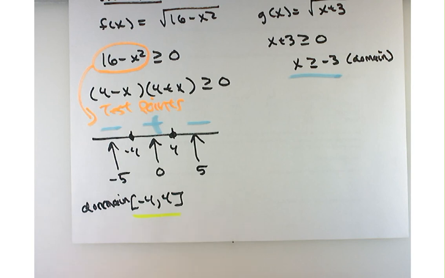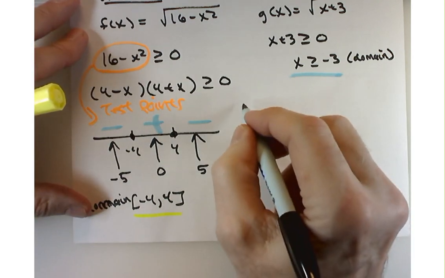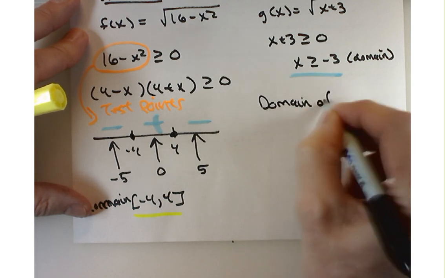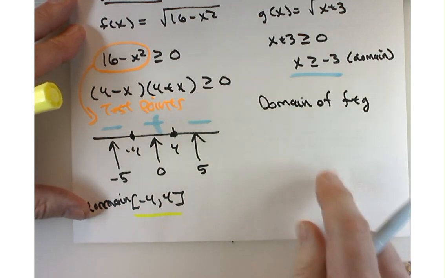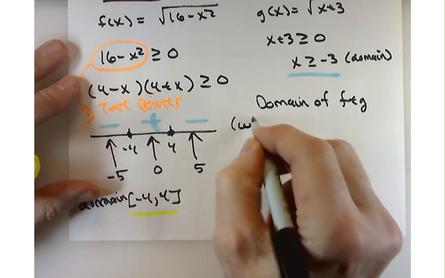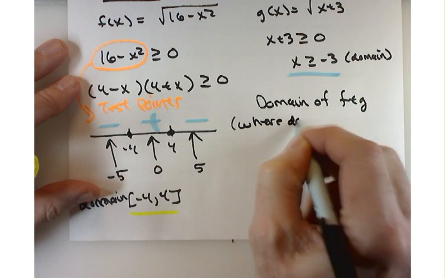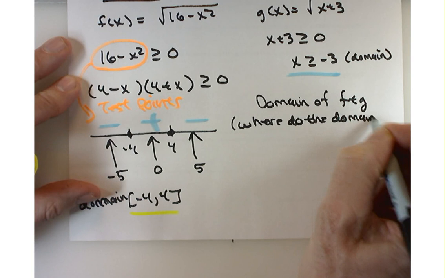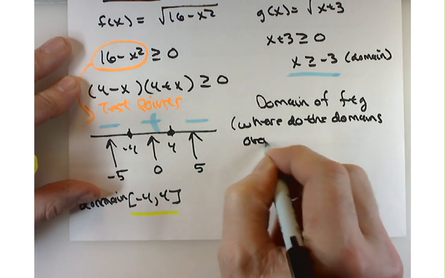Because when you look at the domain of f plus g, it is only going to be defined when both of those are defined. So where do the domains overlap?